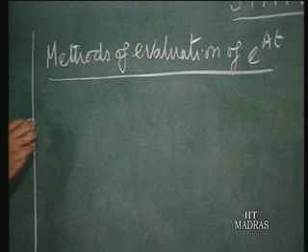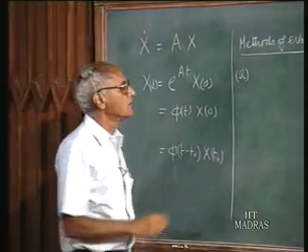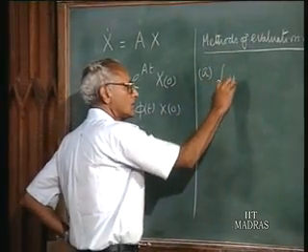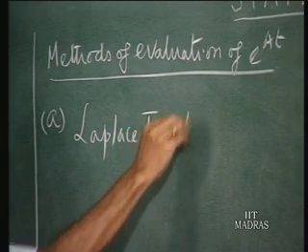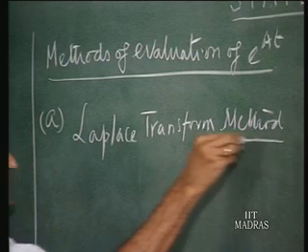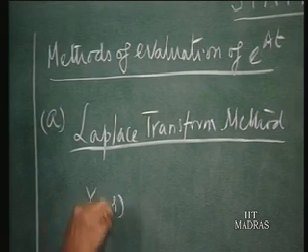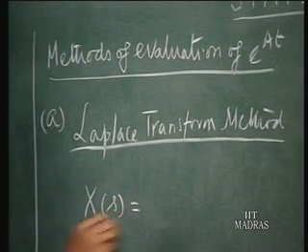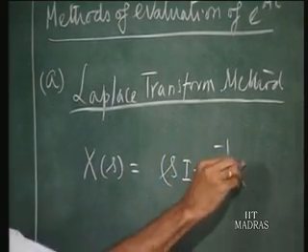You may recall that in the Laplace transform solution of the state equations, the Laplace transform of the state x of s, you recall, has been given as si minus a inverse x0.